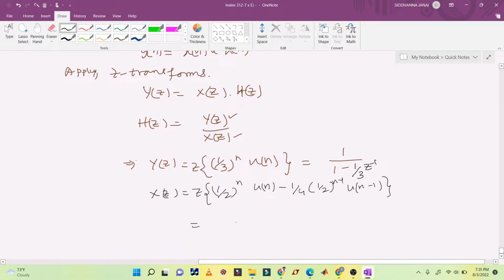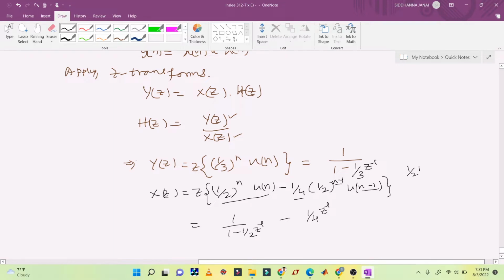For this, we need to find this term, which is 1 divided by 1 minus 1 by 2 z inverse, whereas the next term is 1 by 4 multiplied by z inverse. Z inverse is there because we are shifting the sequence by time n minus 1.